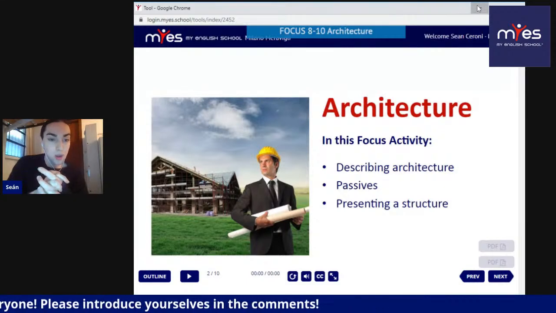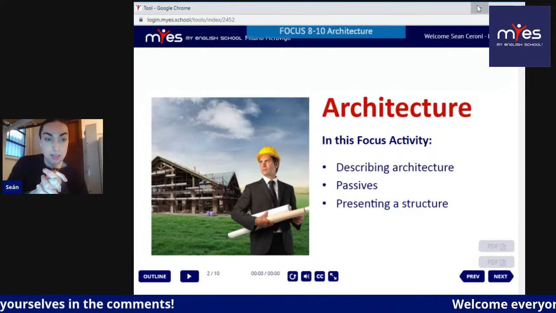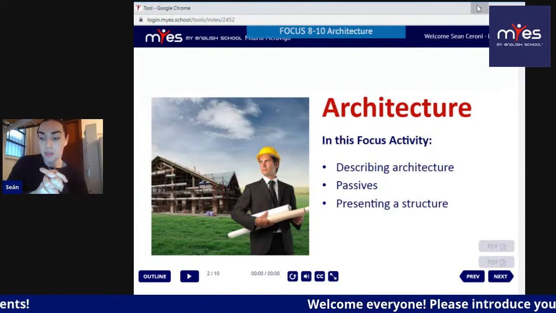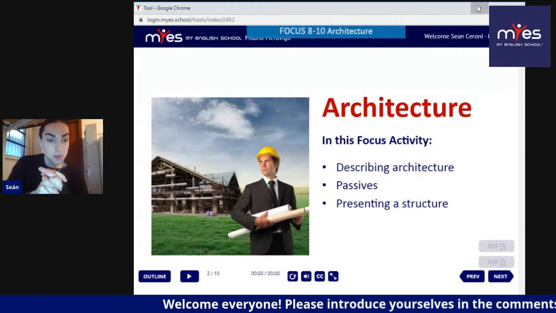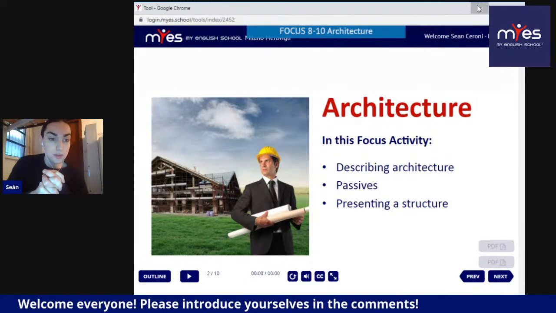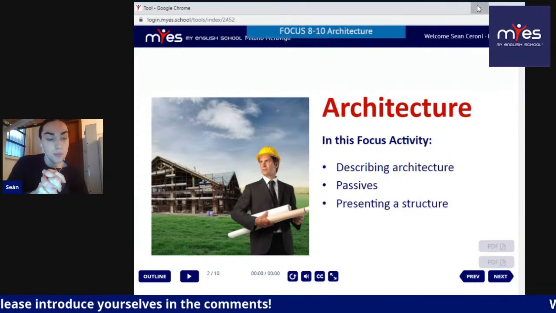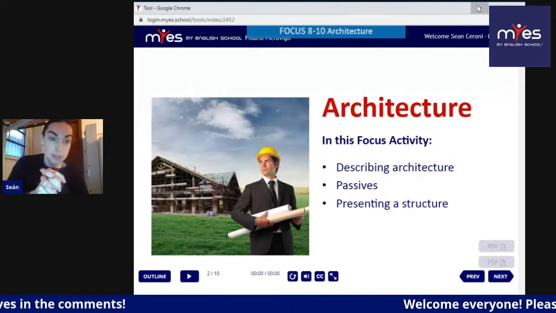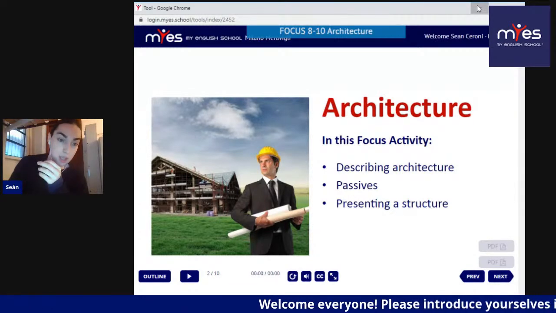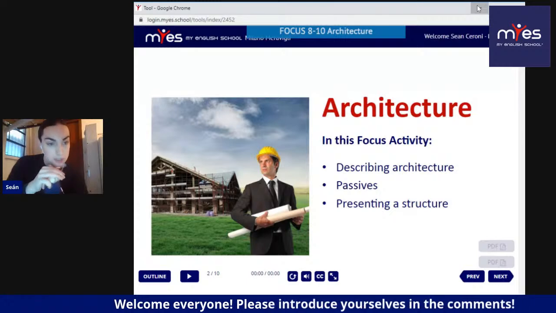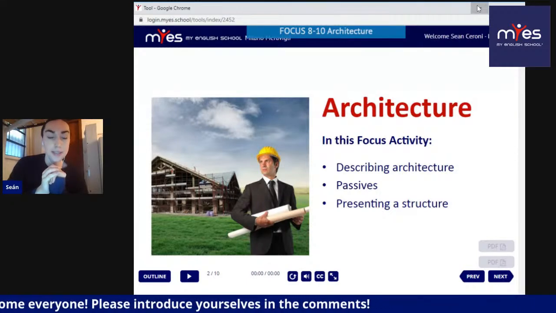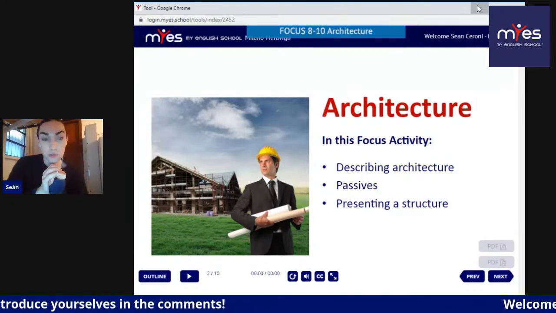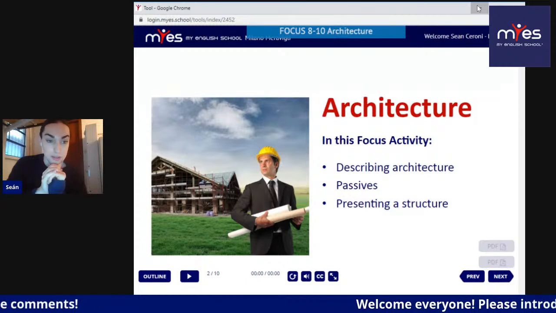So you may or may not have done the lessons about passives. There are several lessons about passives across the different levels. Present, past, and present perfect passives we'll be looking at in this focus, but really passives in any tense have the same rules and we use them for the same reasons.